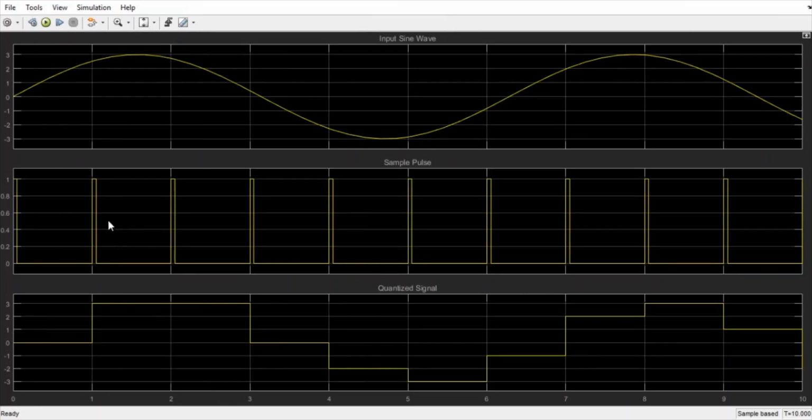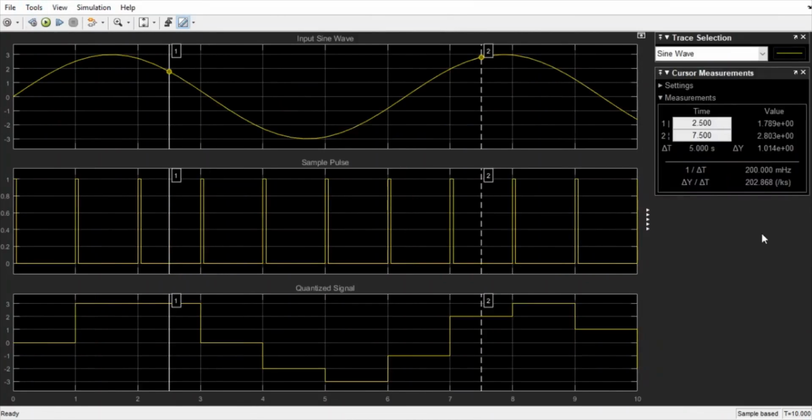So what you have to do is take the value for each of the pulses here. Overall, there are 10 pulses. For each pulse, you have to get the value for the input sine wave and also for the quantized signal. You can use cursor measurement to obtain these values.